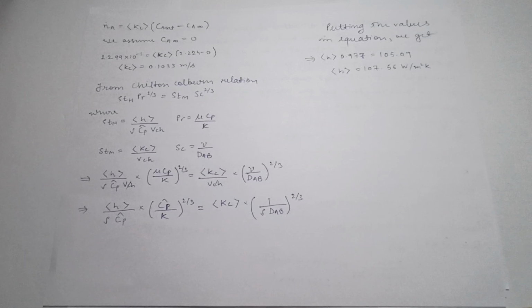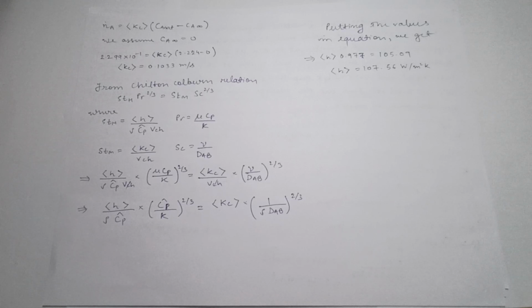So we will substitute these formulas in our Chilton-Colburn relation. Since we don't require the viscosity in this question, we will cancel it from our equation, and we also don't need the characteristic velocity, so it can be cancelled as well.